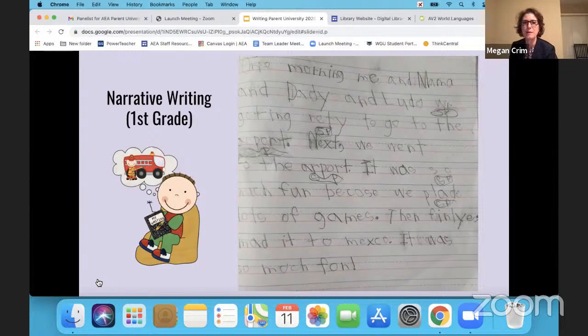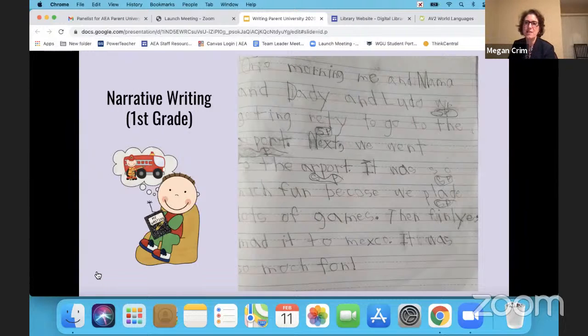One morning, me and Mama and Dada and Luda getting ready to go to the airport. Next, those are those transition words. Next, we went to the airport. It was so much fun because we played lots of games. Then finally, we made it to Mexico. It was so much fun.